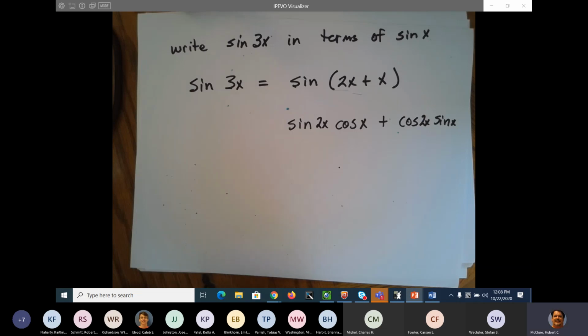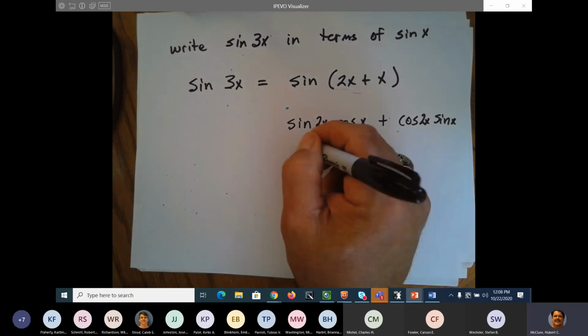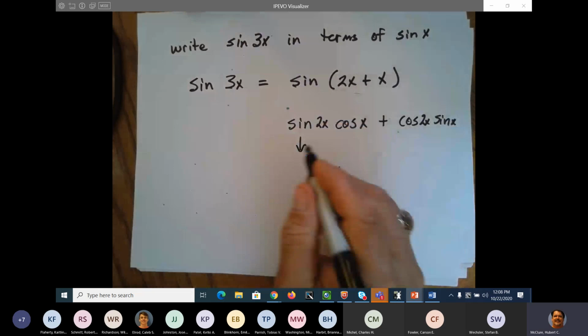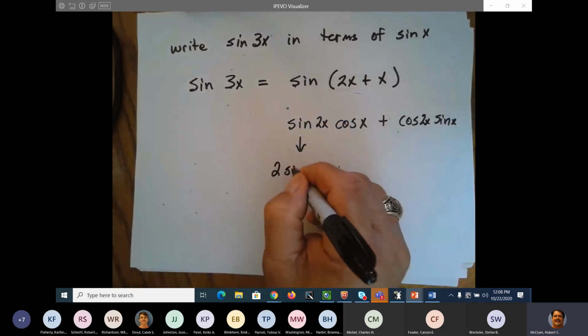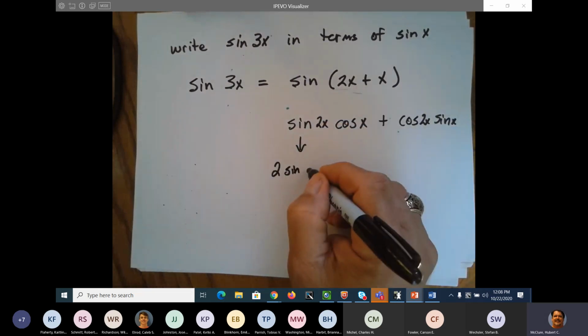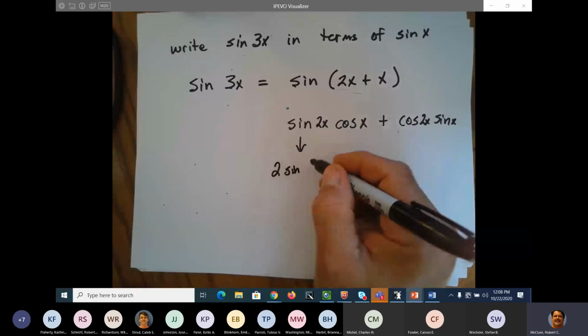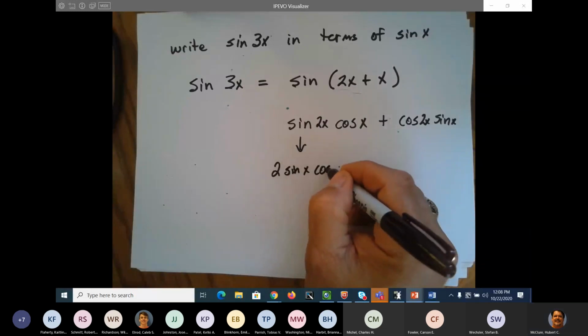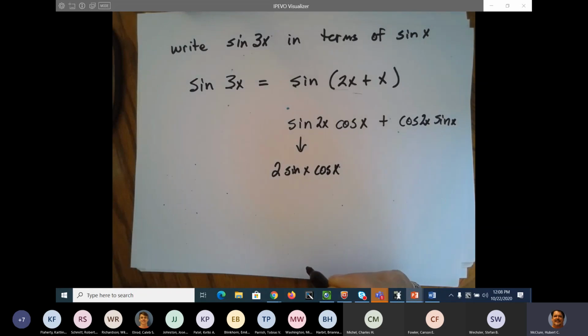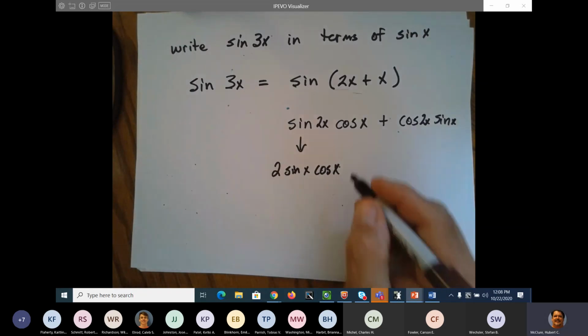I'm just thinking, you got sine of 2x. Sine of 2x, you can rewrite that as 2 sine x cosine x, using the double angle identity, times cosine x.